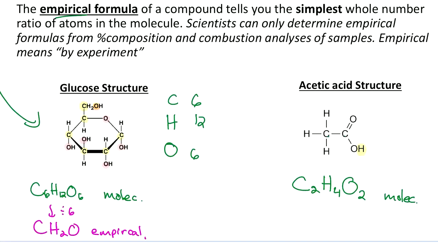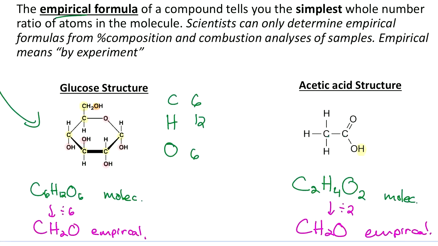What is the greatest common factor in acetic acid? What number? 2. So we're going to divide by 2. Anything special here? Interesting. This atom ratio, empirical, has the exact same empirical formula as glucose.